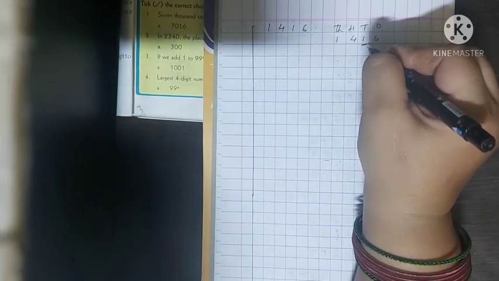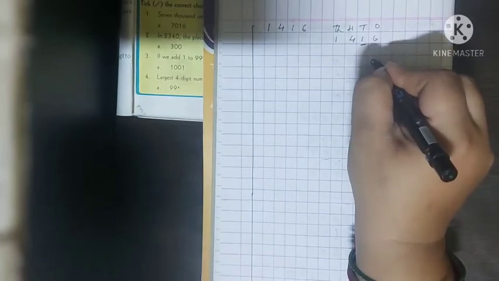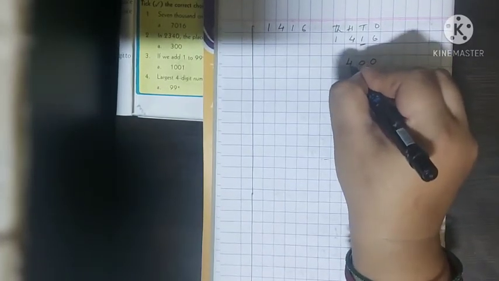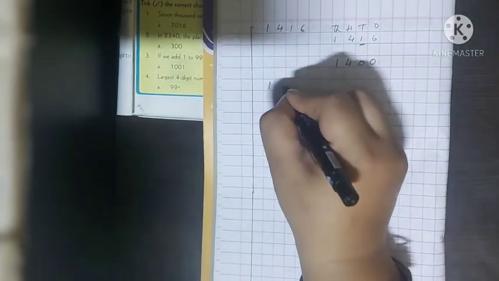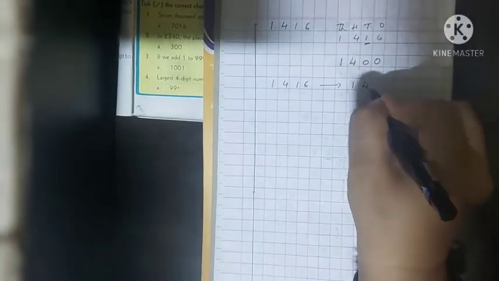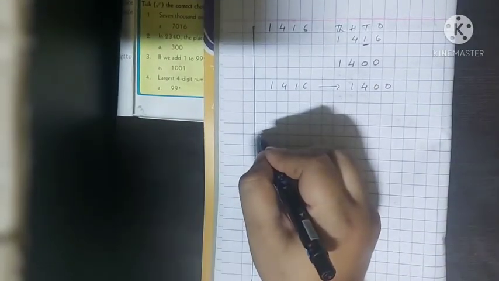So here you will not add 1 to the 100 digit. You will just write 0 at the ones and tens place and copy the 100 digit as such. It will become 4 only and 1 as such. So 1416 when rounded off to nearest 100 will become 1400.